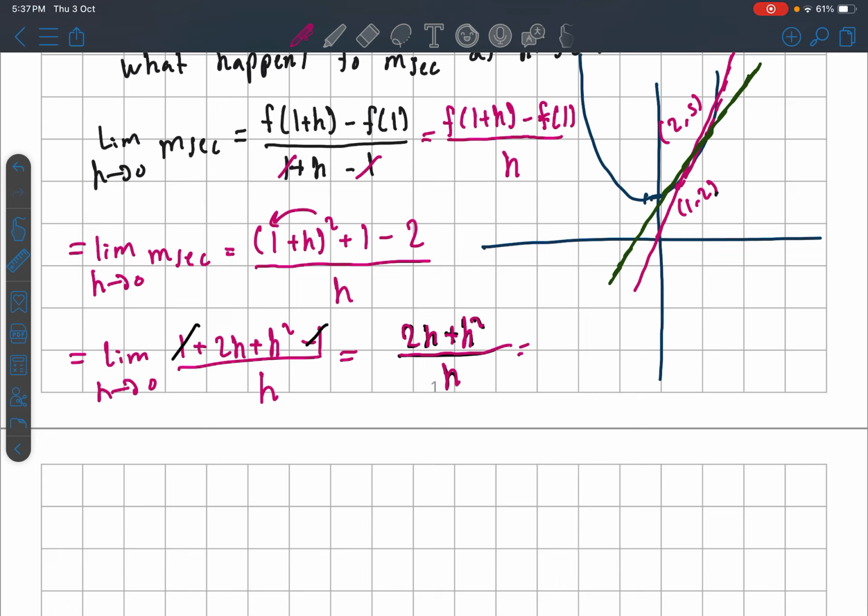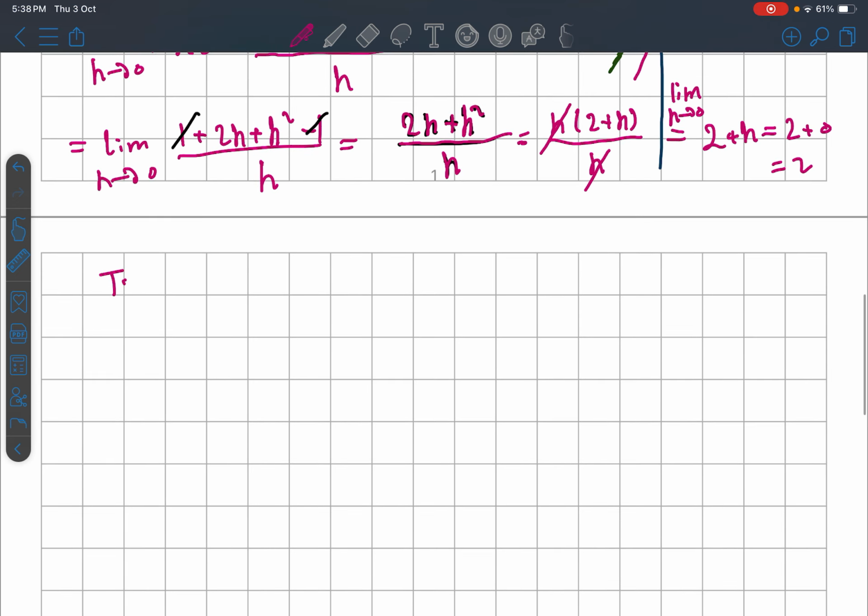And when you factorize it, you take h out: h times (2 plus h) over h. The h cancels with the h in the denominator. We have 2 plus h. The limit as h approaches 0, so that means 2 plus 0 is equal to 2.